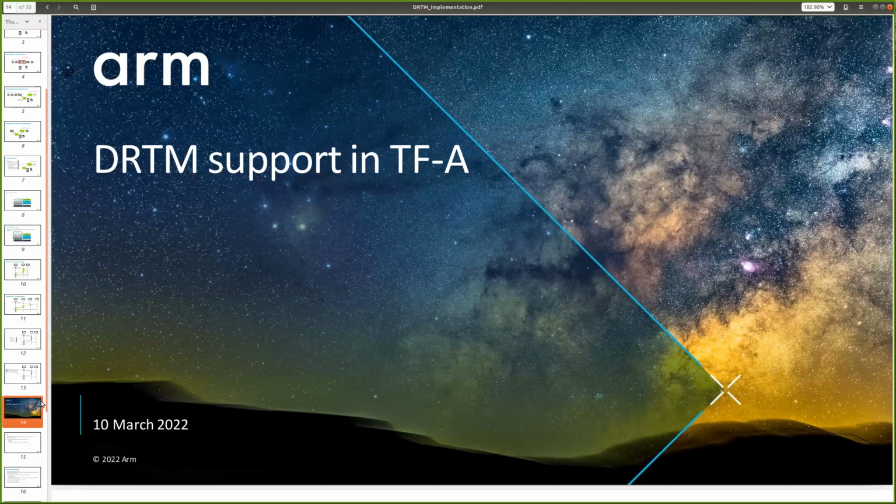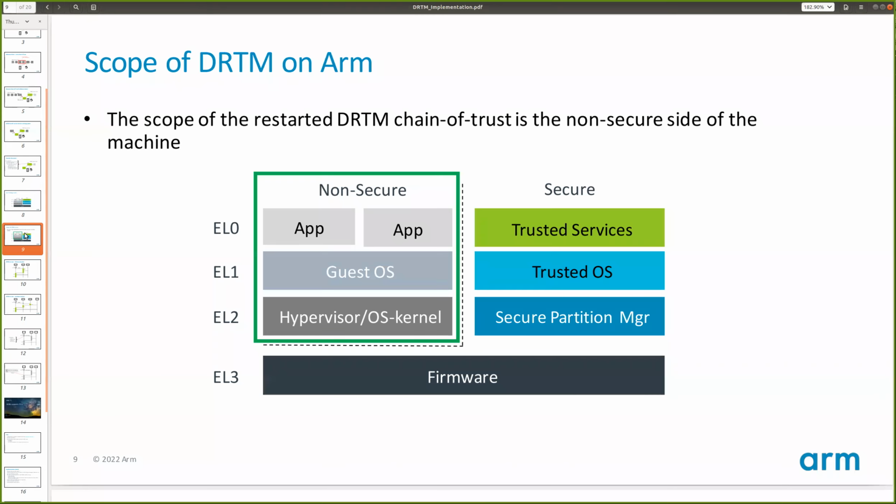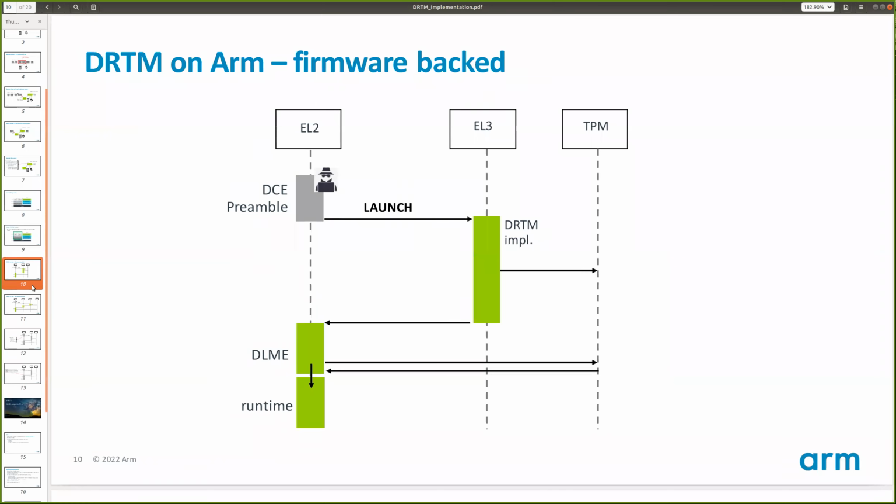Okay, I think we should distinguish a few different things there. One is what we do say in the spec as far as exception levels go. Manish, maybe you could flip to the firmware backed slide, the next slide. We say that the launch must occur from the highest non-secure exception level.